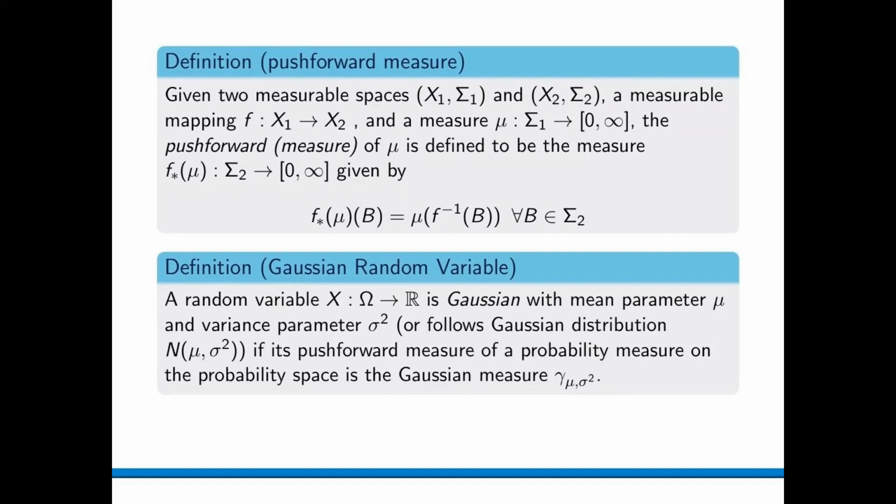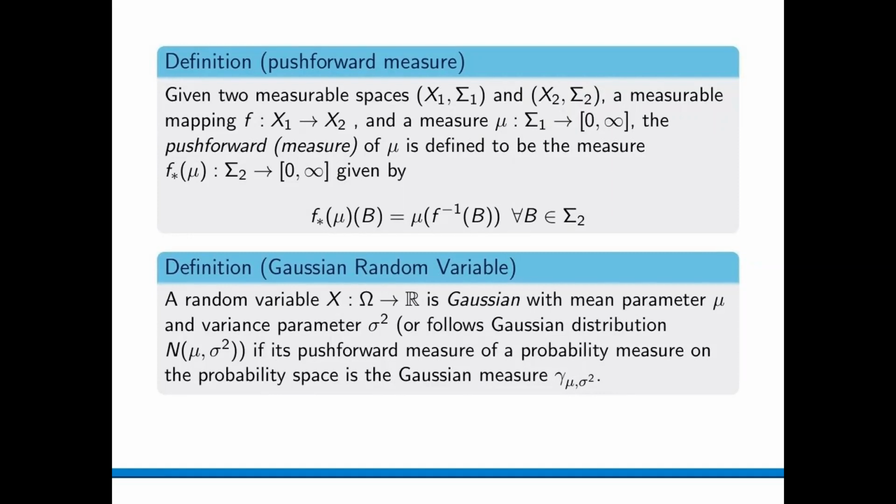For example, in our probability or statistics class, given a random variable with a normal or Gaussian distribution, what is the probability that x is in some interval, for example, 0 to 1?